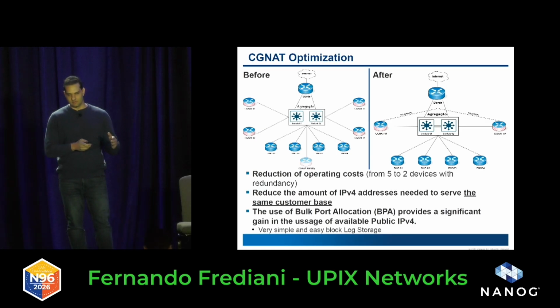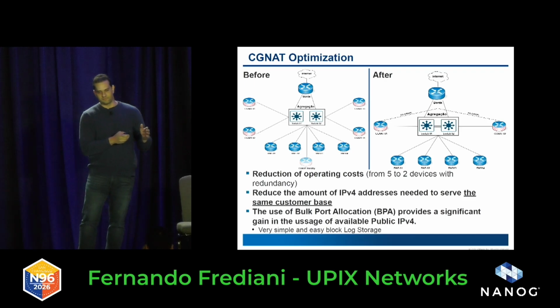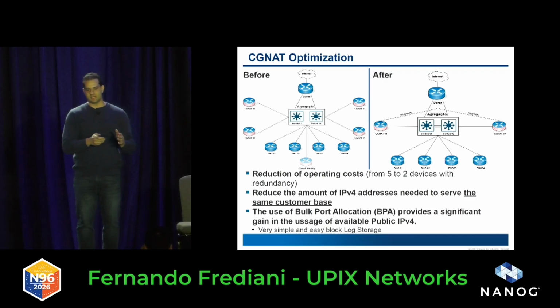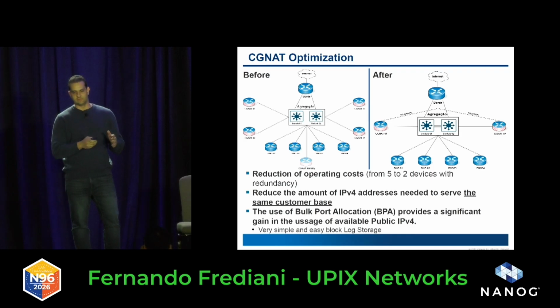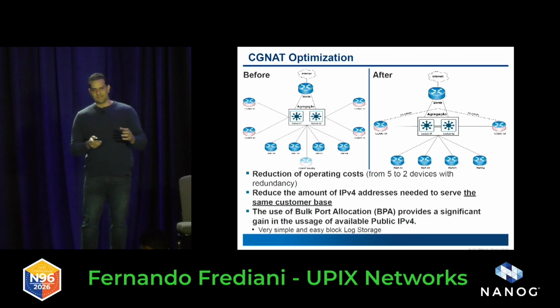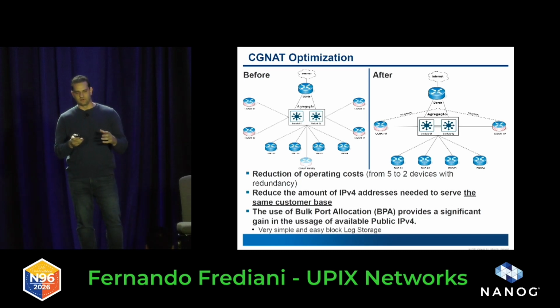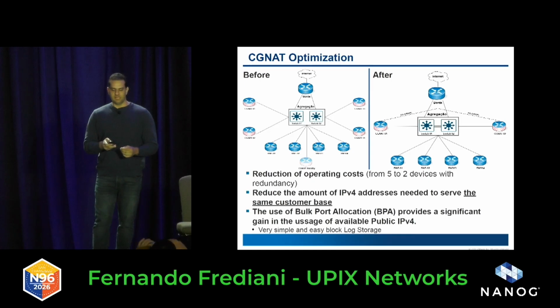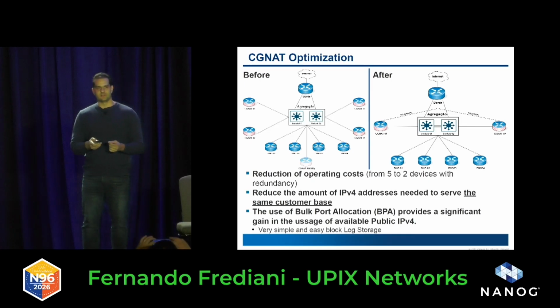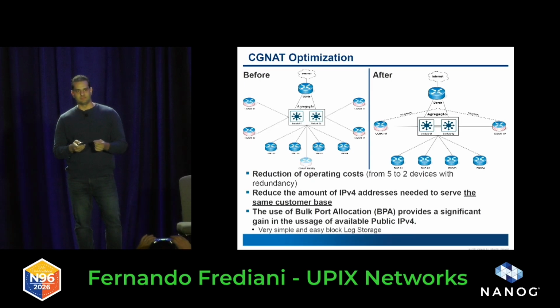The scenario I want to show here is one where we had 4 different CGNAT equipment and 4 different BNG for PPPoE concentrators. As they are smaller boxes, you need more IPv4 for each one of these CGNAT boxes. Then you spend more IPv4 to serve the same customer base.